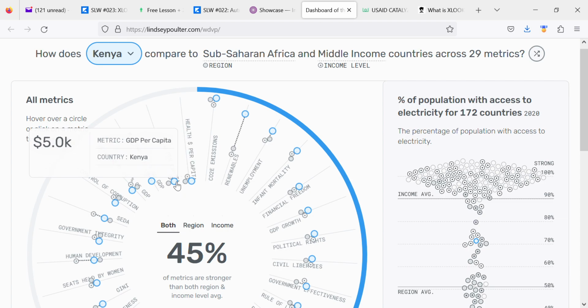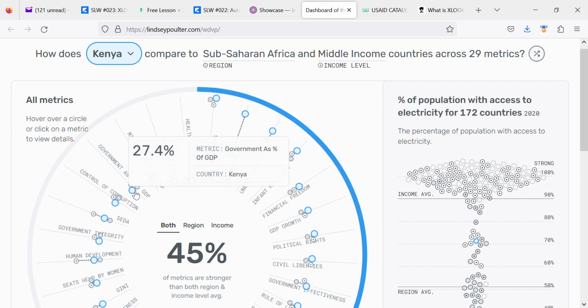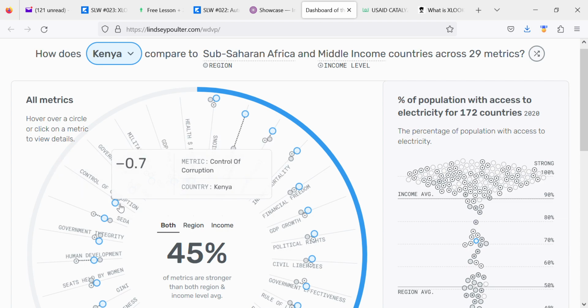Again, GDP per capita is 5,000, which is still low. And military spending as percent of GDP is 1.1, another area. And government spending is 27.4%, and control of corruption is negative 0.7. Those are the areas for Kenya.